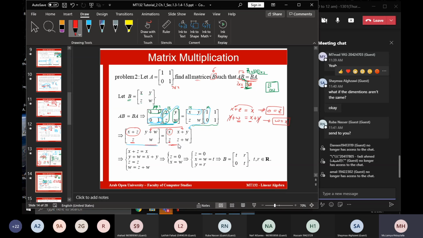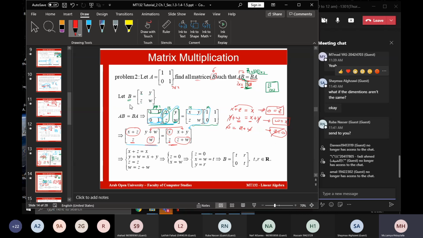Z is equal to Z. Of course it's okay, there's no new information. W is equal to Z plus W. So this will cancel. So Z is equal to 0, which we already got above. Z equals 0, so not new information. I already have it here.